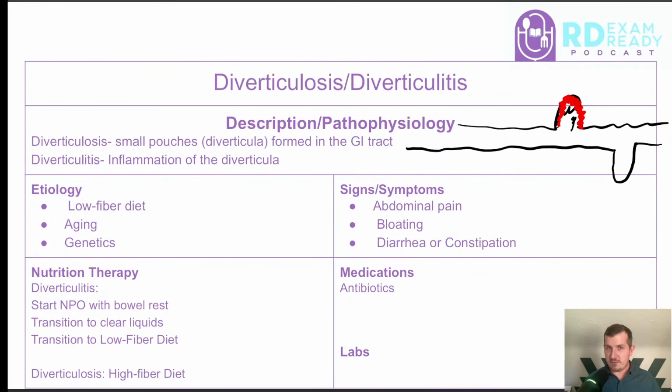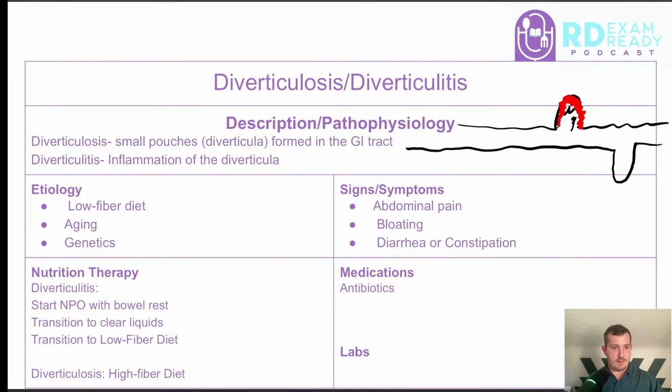Or the patient themselves couldn't wrap their head around why they're doing low fiber when their GI tract is so unhealthy, right? Good. All right. Seems like we all have a great understanding of that.